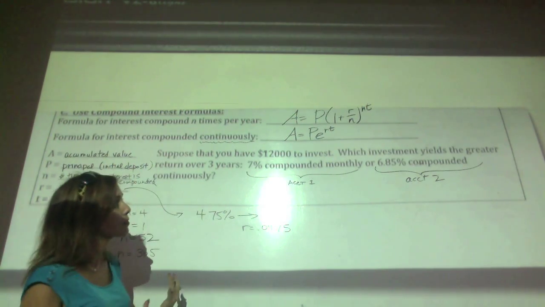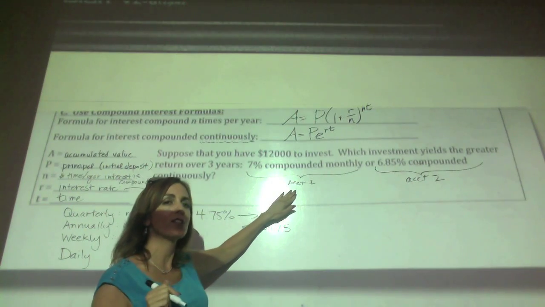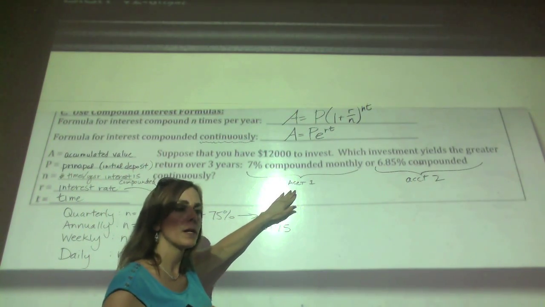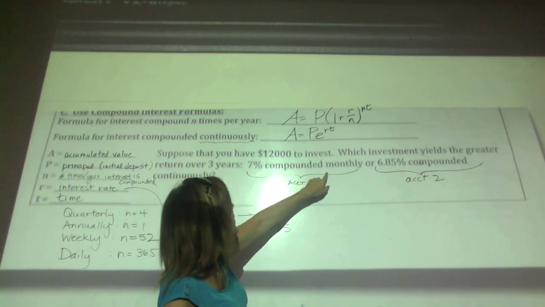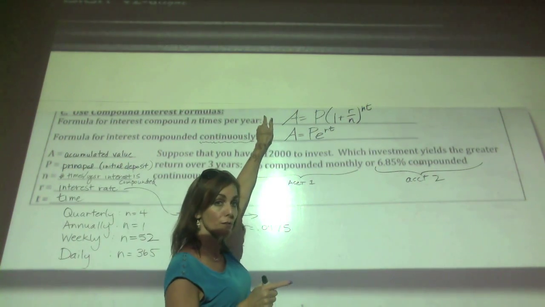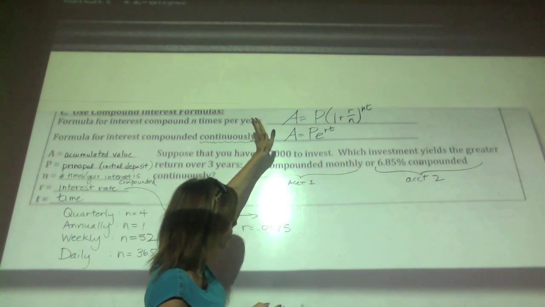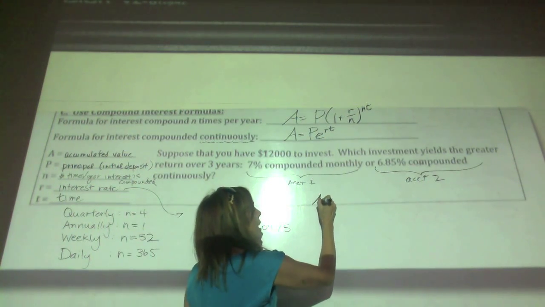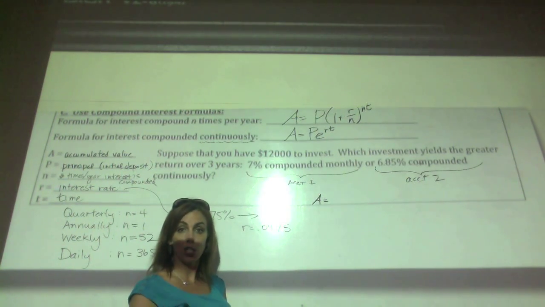Let's look at account 1. First, determine which formula I want to use. Compounded monthly: I don't see the keyword continuously, which means I'm going to use this formula. A is what I am solving for. How much is going to accumulate in my account?